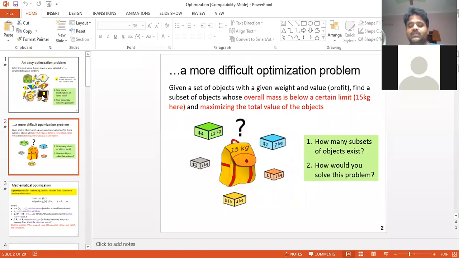That we discussed as an abstract problem in design and analysis of algorithms. How can we make complete use of the bag, maximize its capacity, and get the maximum profit? Maximum profit in the sense of having the maximum number of objects in the bag.